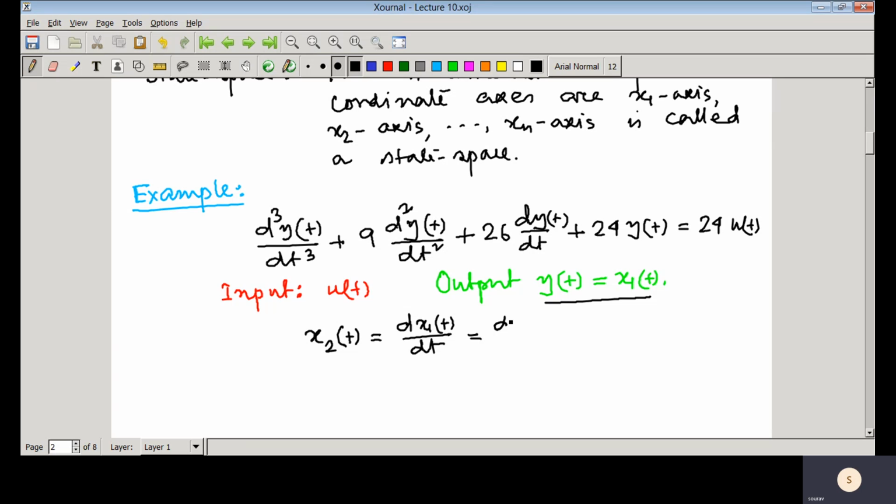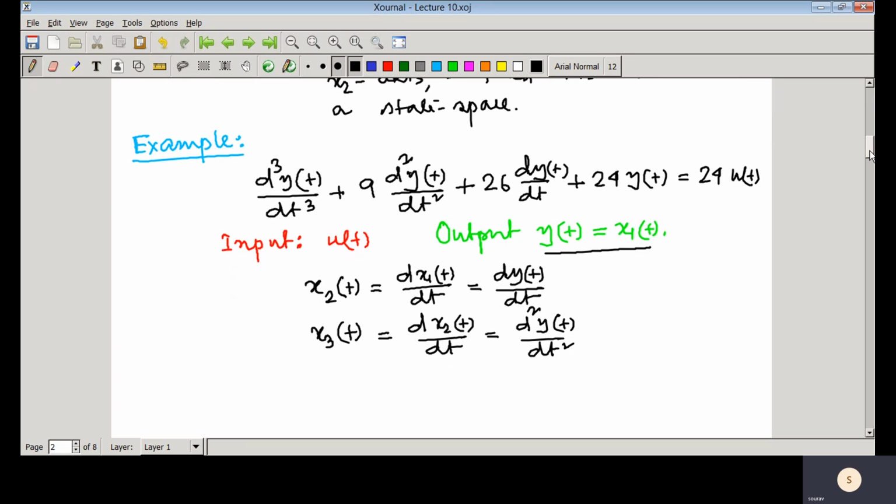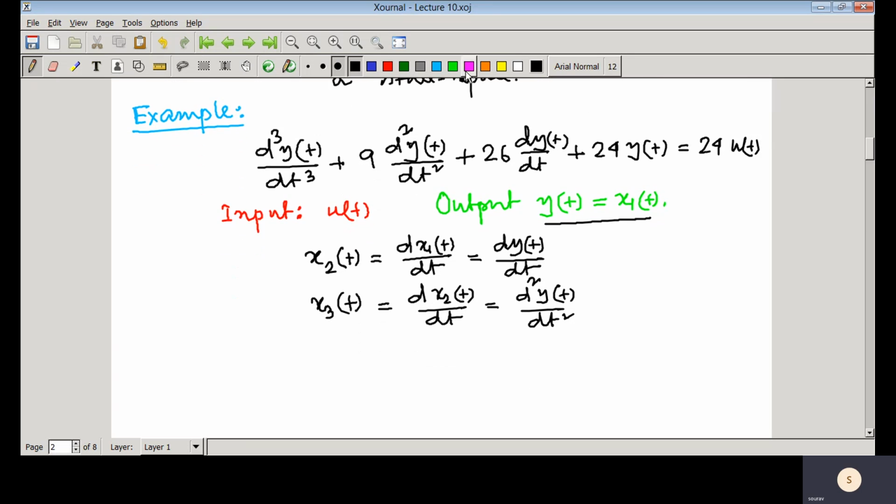So this is nothing but dy(t)/dt, and again we will define another state variable that is x3(t), that is dx2(t)/dt. So that means that would be d2y(t)/dt2. So now we can represent this dynamical system in the form of these three state variables x1(t), x2(t) and x3(t).